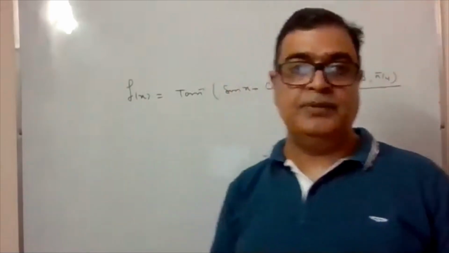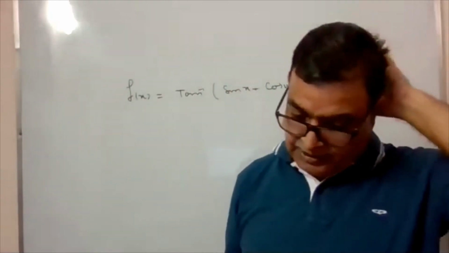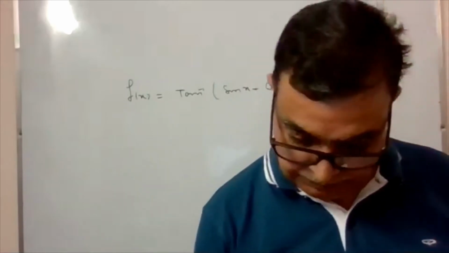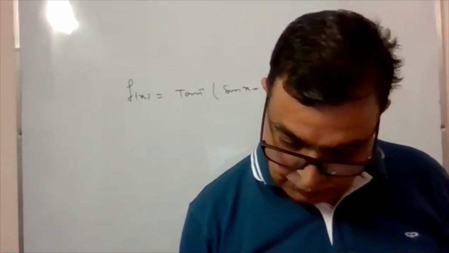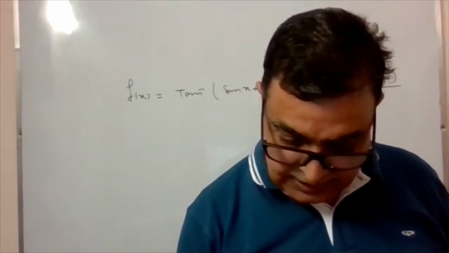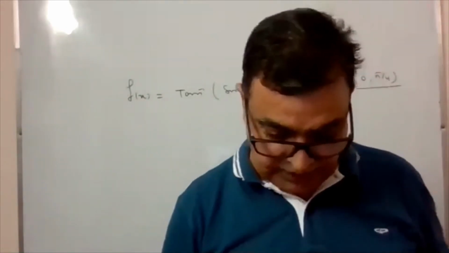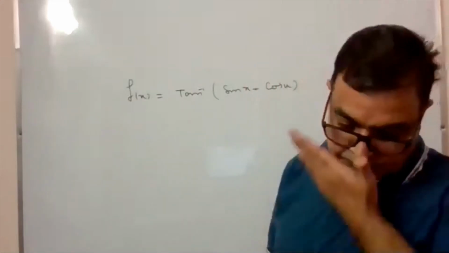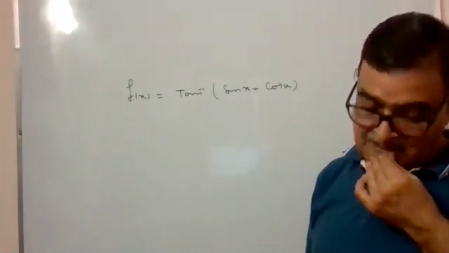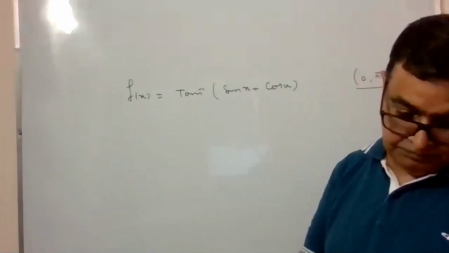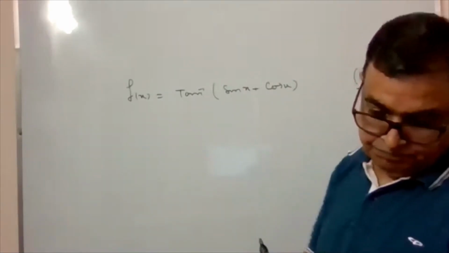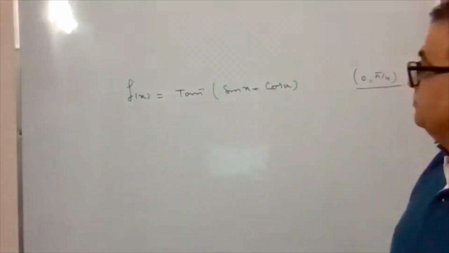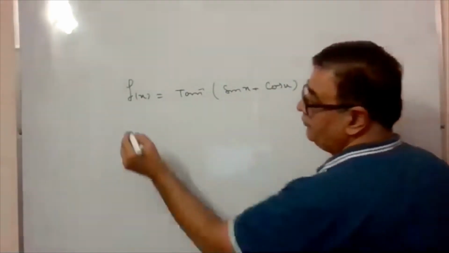Interval is 0 to pi by 4. You should prove that this function is increasing in this interval. Prove that this function is clearly increasing in this interval. Simple question, not a difficult one.